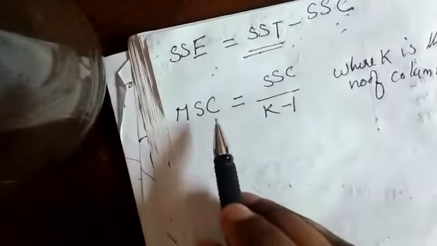So how to find MSC? MSC is the SSC divided by K minus 1.